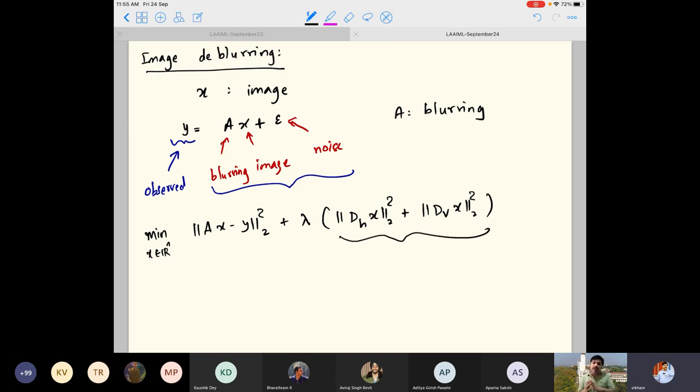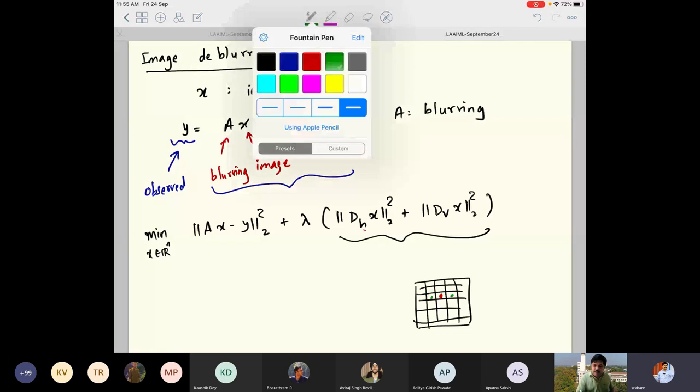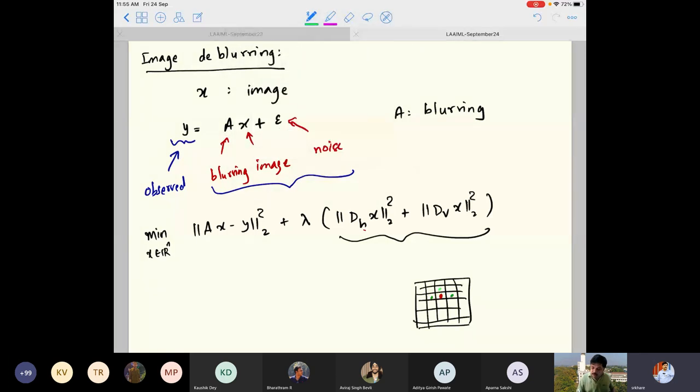It says that if you look at the pixels of this image horizontally, H representing horizontal, and vertically, V representing vertical, the pixel values do not change drastically.